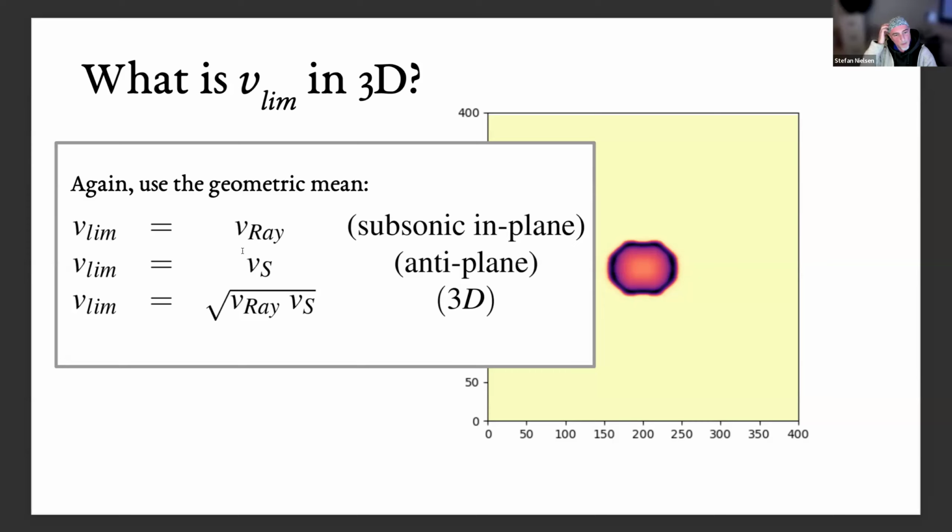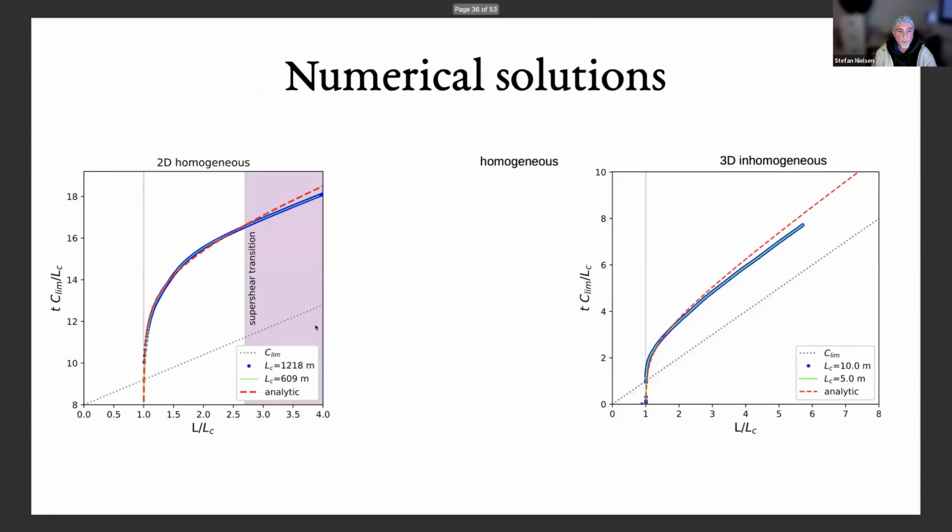If we assume that the rupture can be compared somehow to an ellipse, which is often the case, then we take the square root of the two velocities, and we get this geometrical mean again, and we define this as the limiting velocity, which basically means you have a single length now and a single velocity, which is a sort of average. Now you see how I always tend to like to go to simple solutions. I lost one of the graphics in the process here, but no, not a big problem.